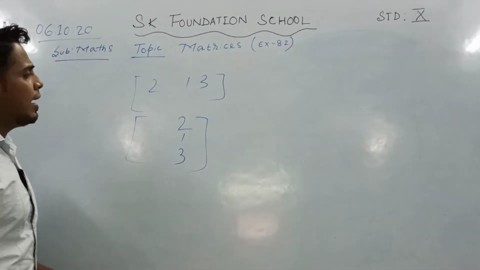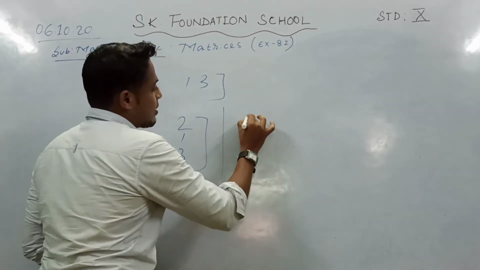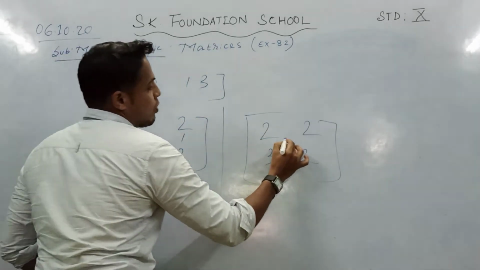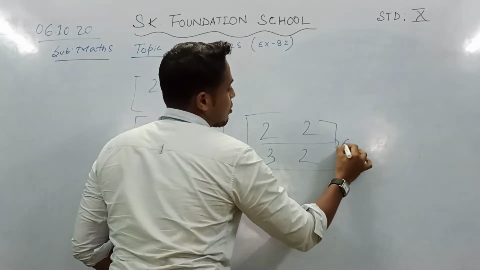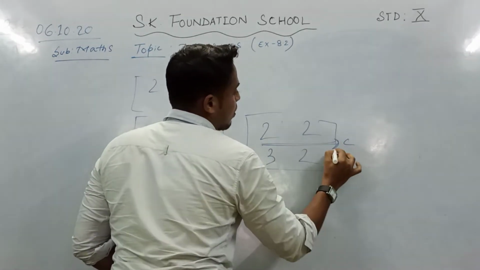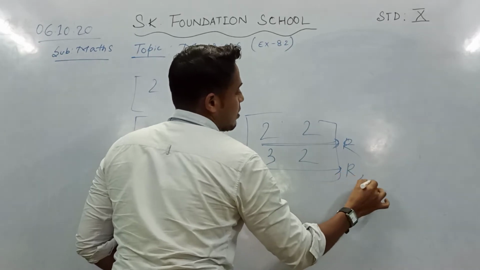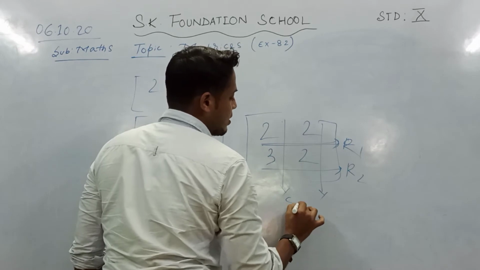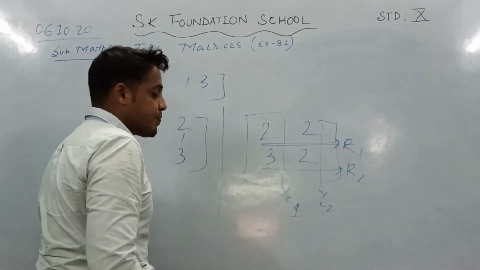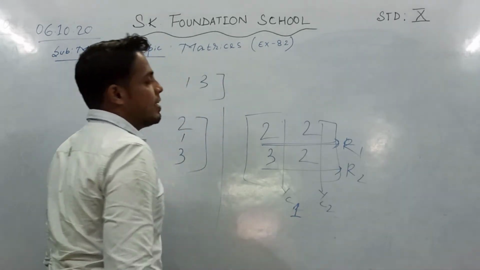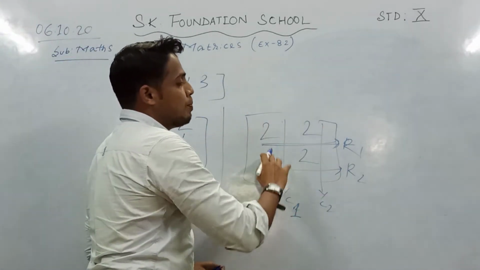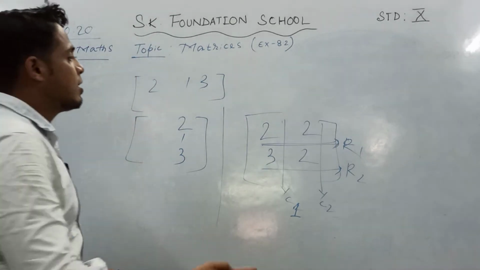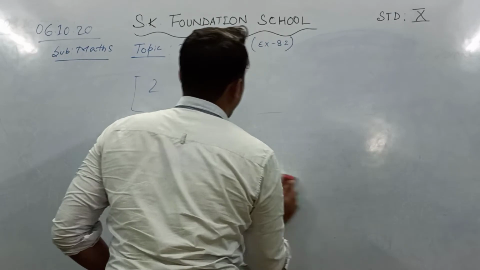Where the number of rows and the number of columns are equal, this one row 1, row 2, this one column 1, column 2, when you represent elements in this way, this kind of matrix is called a square matrix. Now we are going to discuss addition and subtraction of matrices.